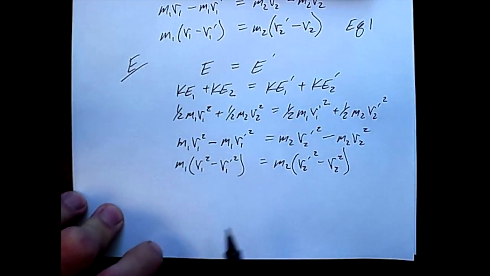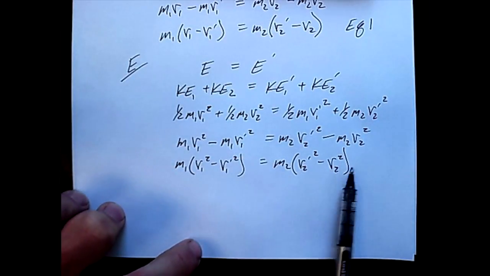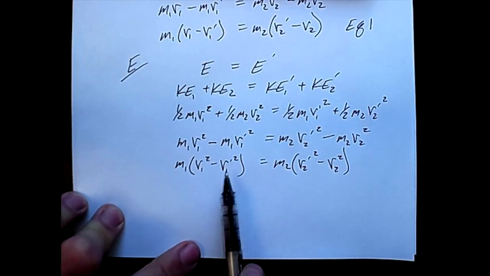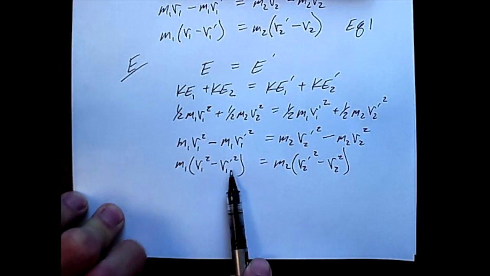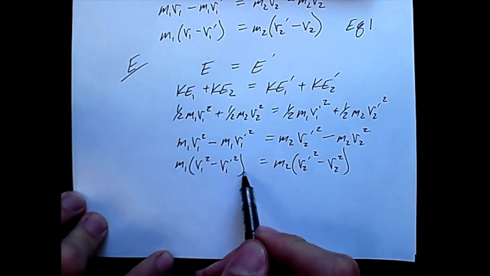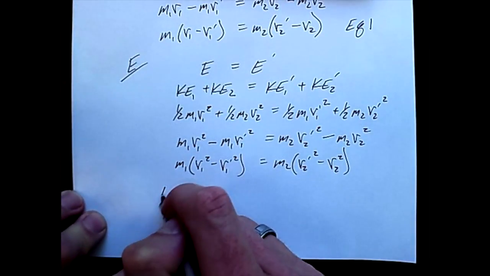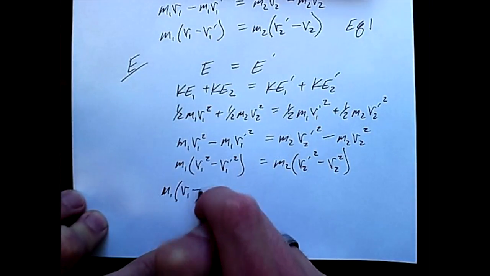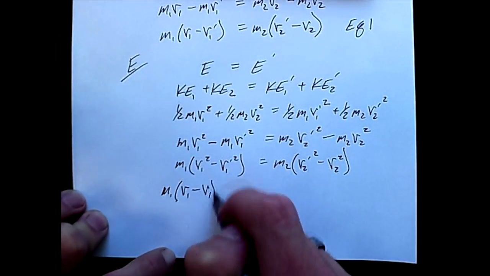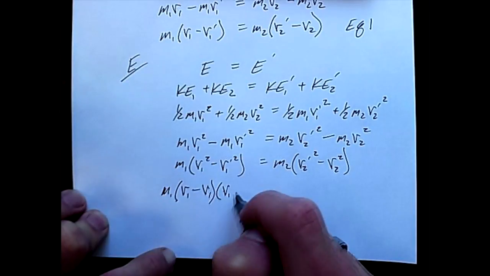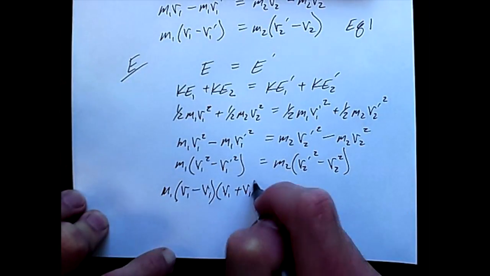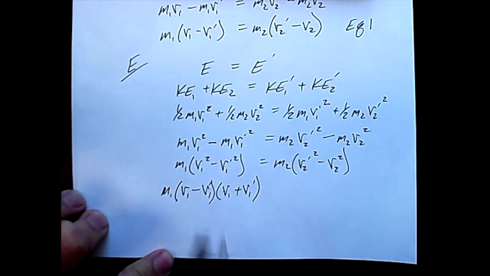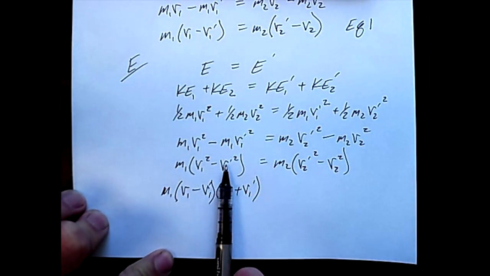unless you pay attention to the fact that this statement, on either side, is actually a difference of squares. And so if I were to reverse the difference of squares, I could expand these statements to be m1 times the quantity v1 minus v1 prime times the quantity v1 plus v1 prime. And you can see that if I FOIL this out, I would get back to this up here at the top.